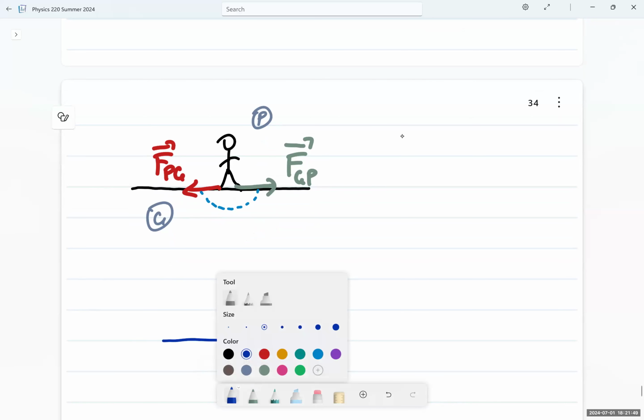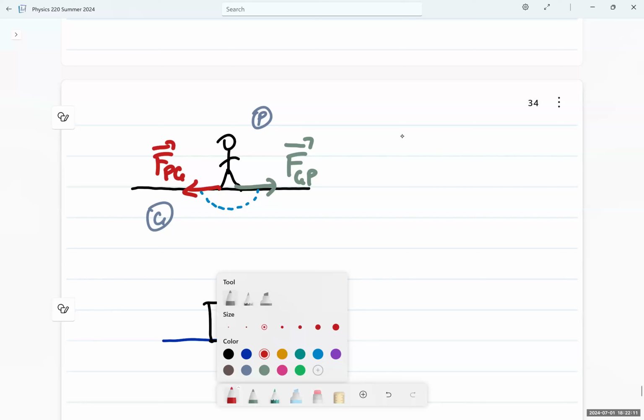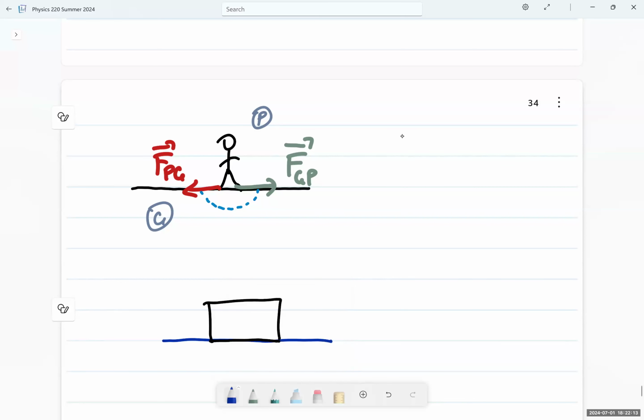Same thing you can think of here: if you have a box on the ground, and let's say this box is being pushed. Let's say there's a force acting on it to the right. And let's say this surface here is rough, so there's friction.